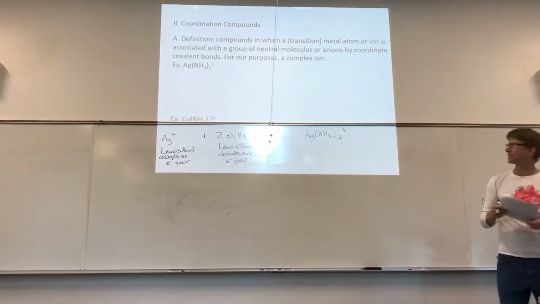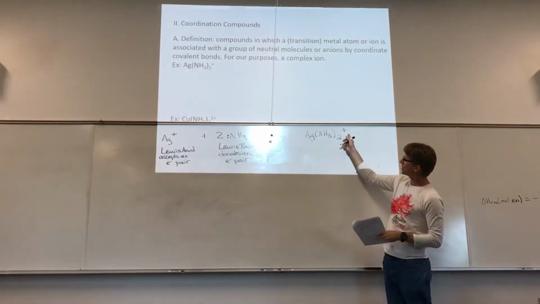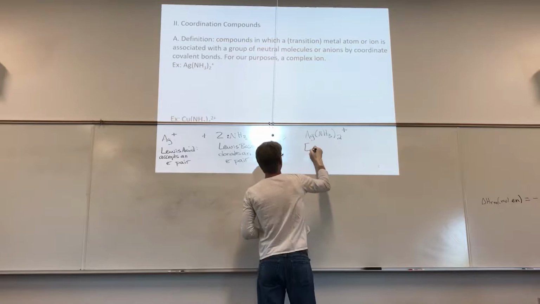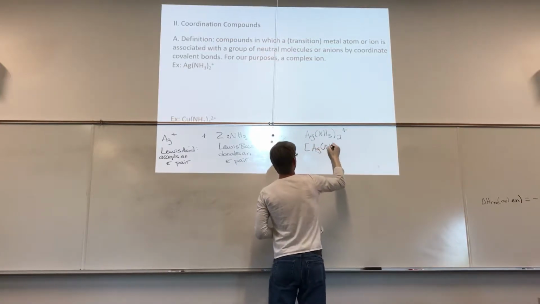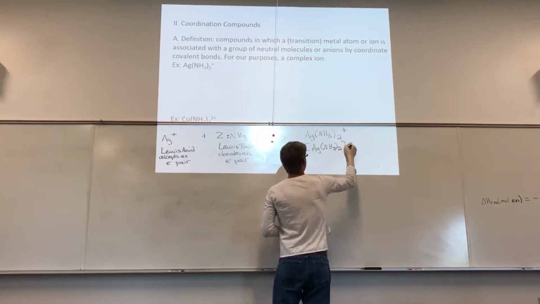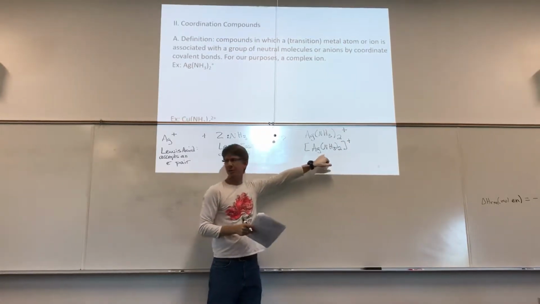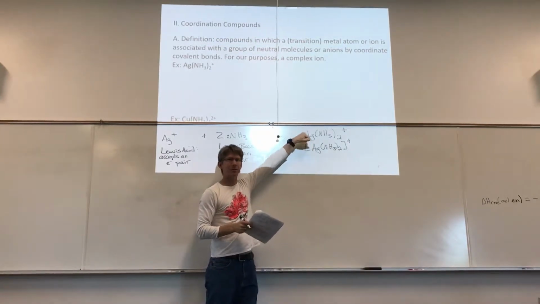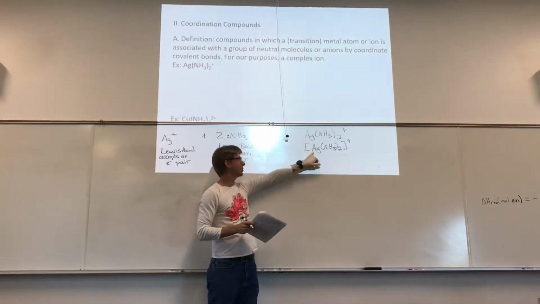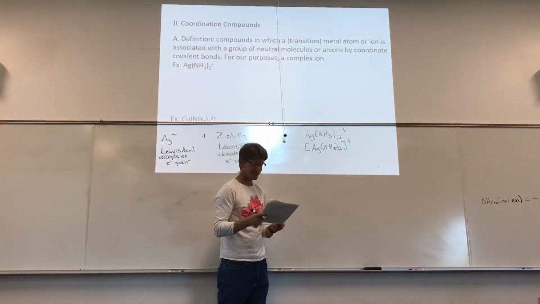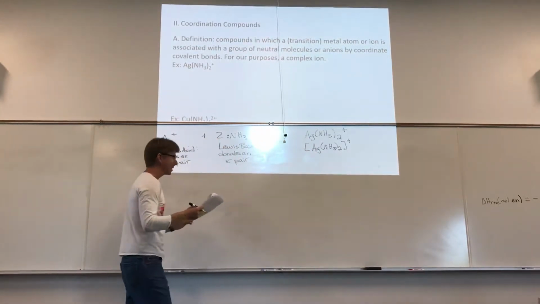And there's actually two ways to designate this. Sometimes we just put the plus at the end. Sometimes we put the whole thing in square brackets. You should be familiar with seeing each of these. Whenever you refer to a complex ion like this, it'll be okay to refer to them in either of these ways.